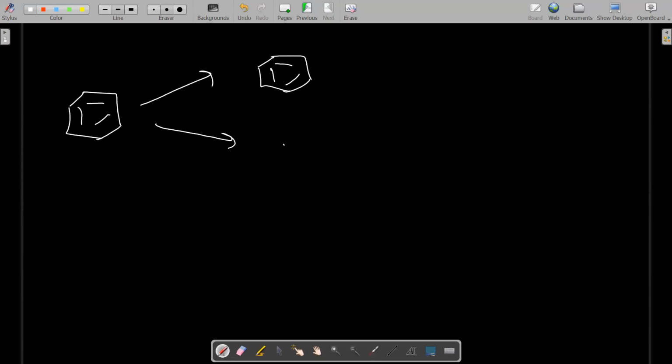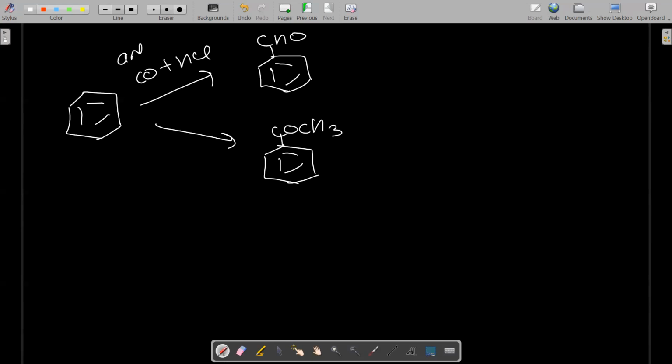So again I'm just telling, from benzene to benzaldehyde, what reagent is required, and benzene to acetophenone, what reagent is required. Simply you can write, benzene to benzaldehyde, that is Gattermann-Koch, CO, HCl and anhydrous AlCl3. And benzene to acetophenone, that is Friedel-Crafts acylation, CH3COCl and anhydrous AlCl3, right?